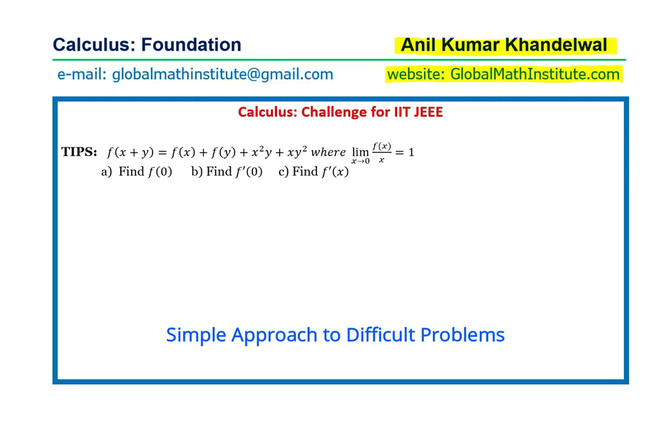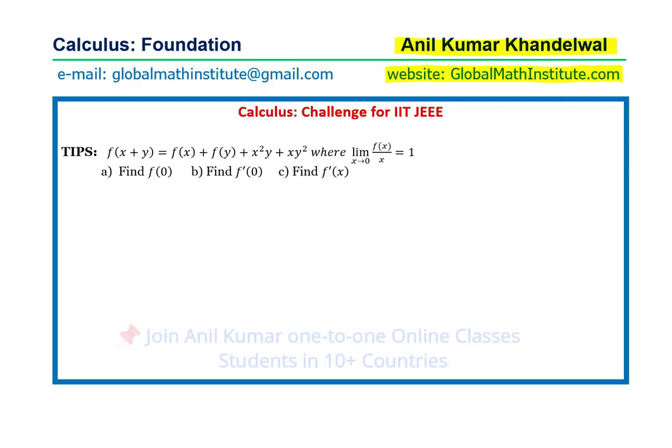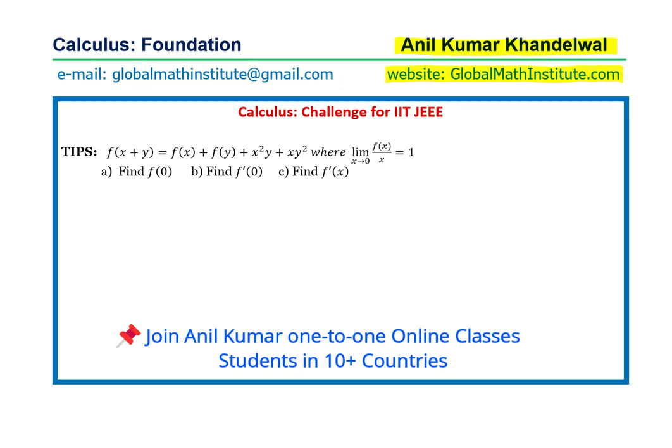You have to find three things: f of 0, the derivative at 0, and a general expression for the derivative of this particular function. Amazing problem, right? Let us see how we solve this, understanding the steps carefully. It is one of those challenge questions which you come across only in competitive exams.